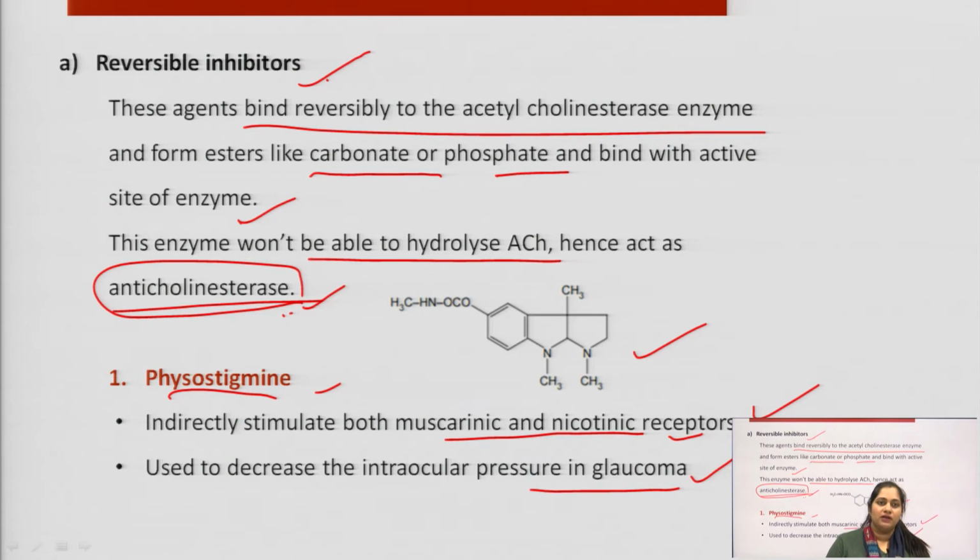Glaucoma is a diseased state where there is increased intraocular pressure, so we need to decrease the intraocular pressure. With the help of physostigmine we can do that. Though it binds to the cholinesterase enzyme, the high increase of acetylcholine will definitely help to reduce the intraocular pressure.